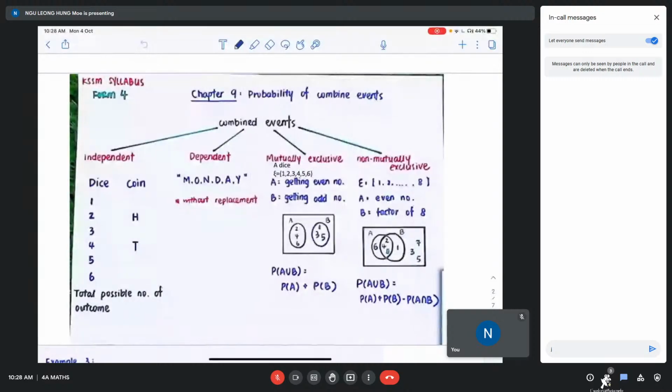Weekend table, so our class will be on Monday and Tuesday. Good morning, Isa, Hija, Maria. Do you have any problem with the independent and dependent case so far?